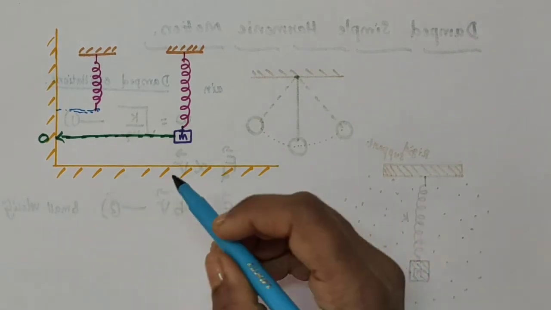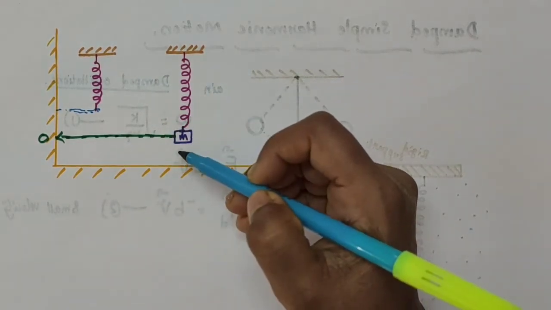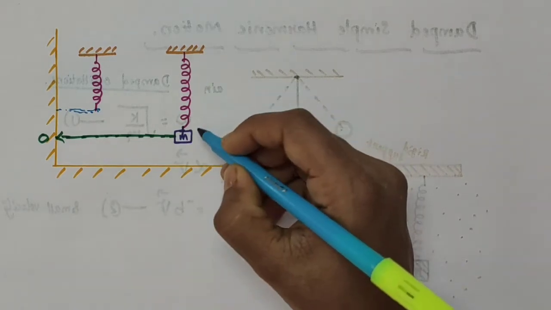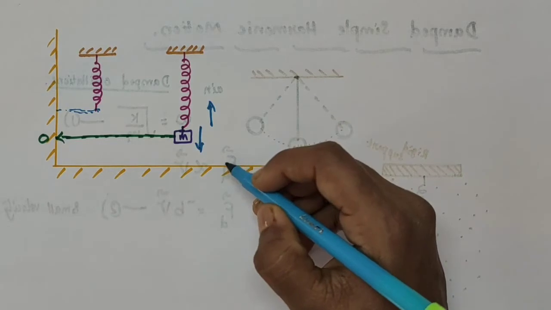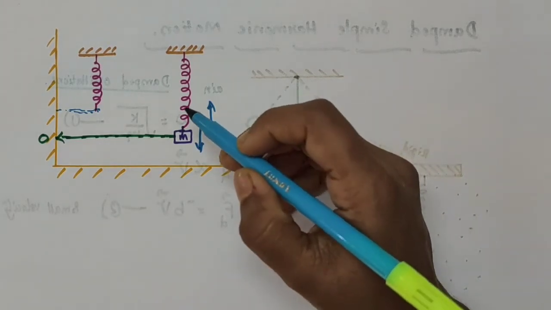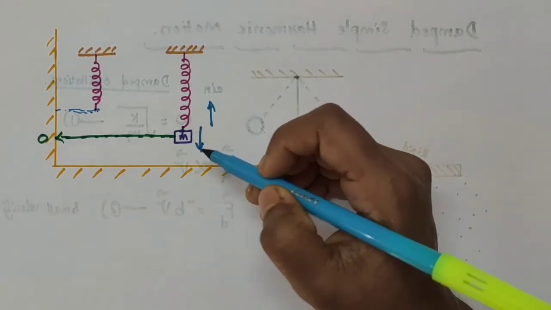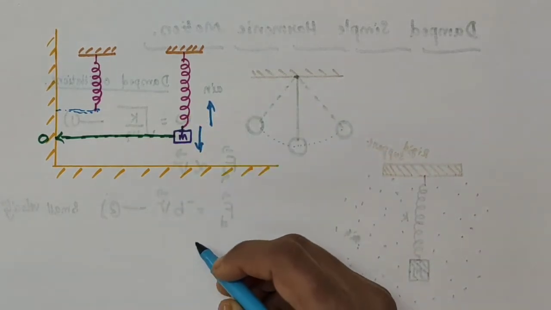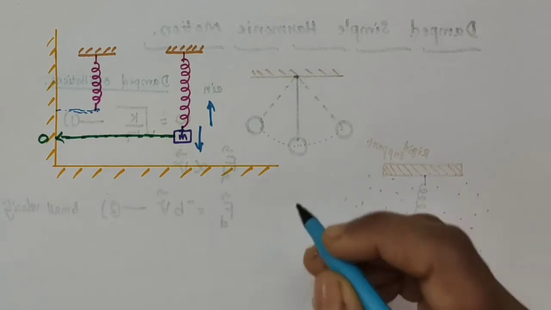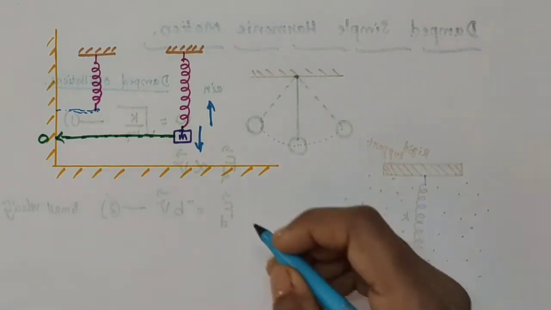Now, when this mass is pulled down a little or pushed up a little, a restoring force acts on this block due to the spring, no? What is the expression for the restoring force due to the spring? We have already discussed this in one of our previous videos.